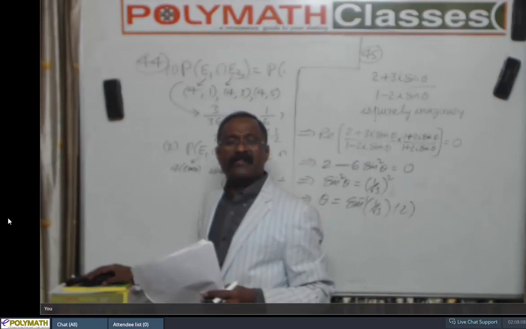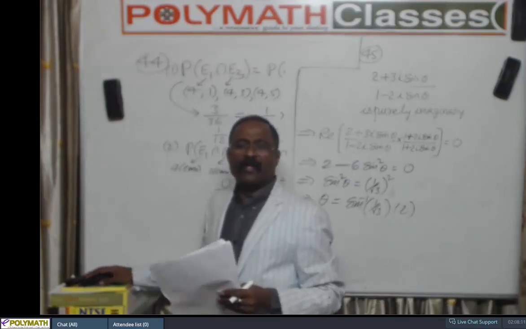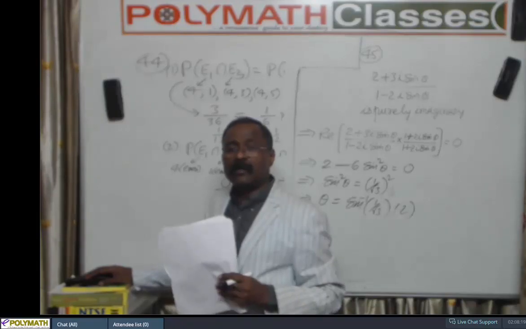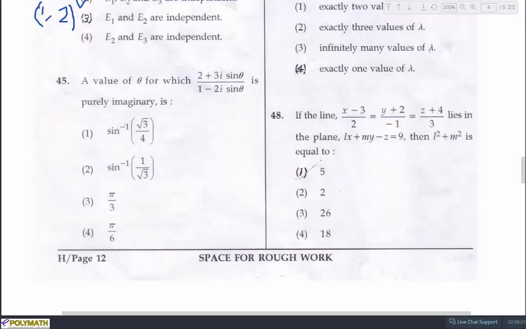Straight question through ordinary simplification, but while working out the objectives, you have to skip some steps, and your mental calculation should be good. If you skip 2 to 3 steps in between, you can save time, and thereby you can answer more questions. So here it is the second option, sine inverse 1 by root 3.